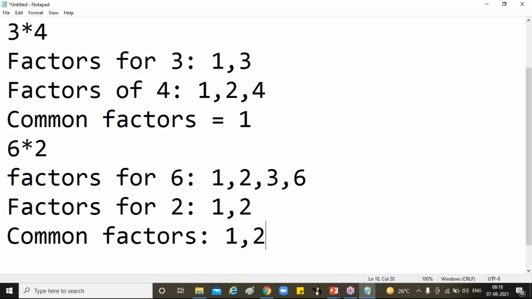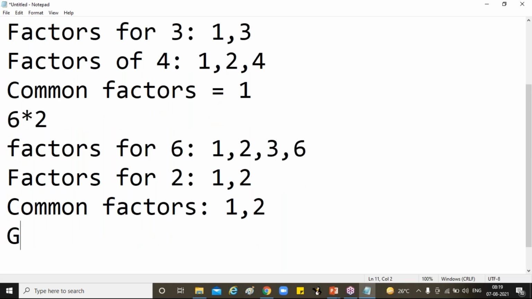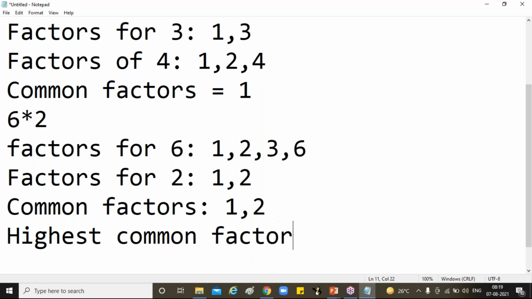What are the common factors? 1 and 2. So out of 1 and 2, which one is the greatest common divisor or highest common factor? 2.